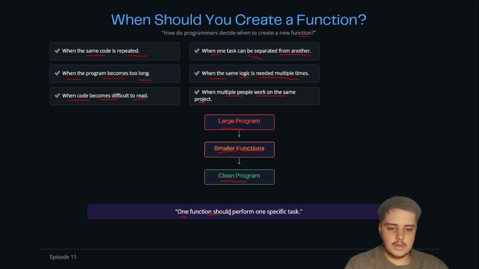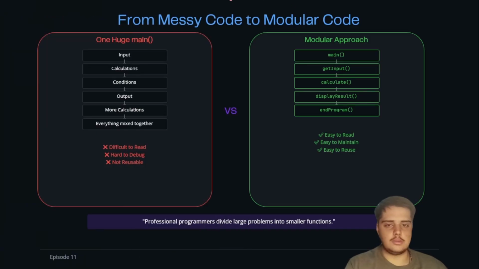So one function should perform one specific task only. So, from messy code to modular code. One huge main with a lot of input, calculations, conditions, output, more calculations, everything mixed together, is very difficult to read, hard to debug and not reusable.